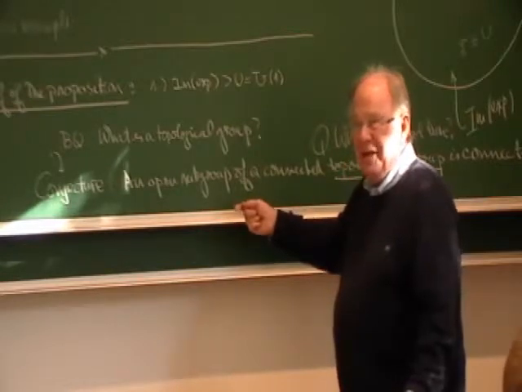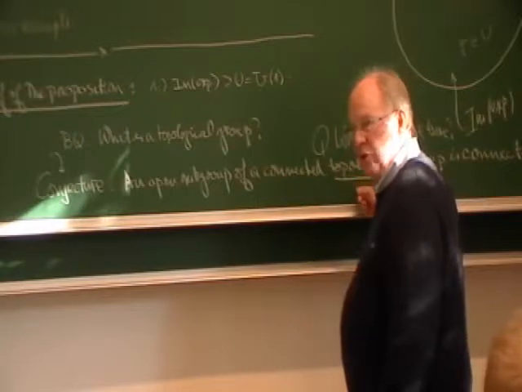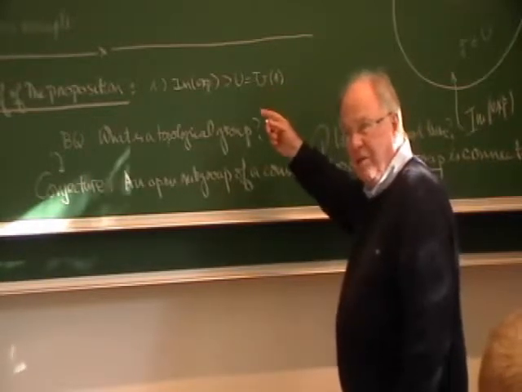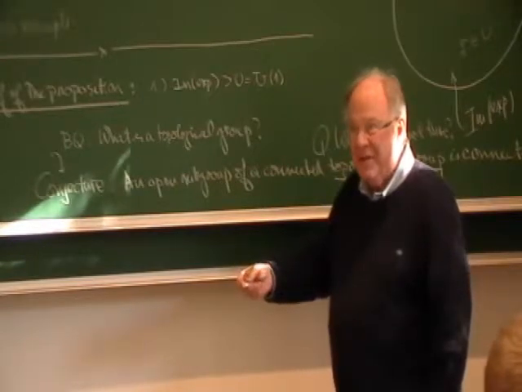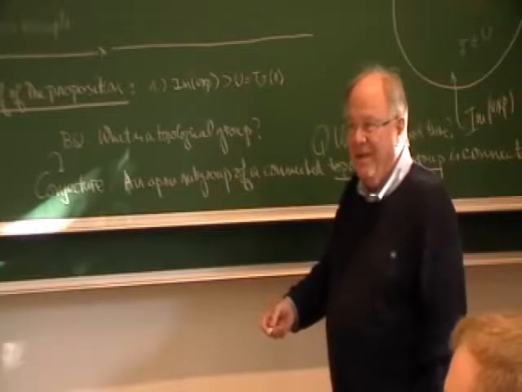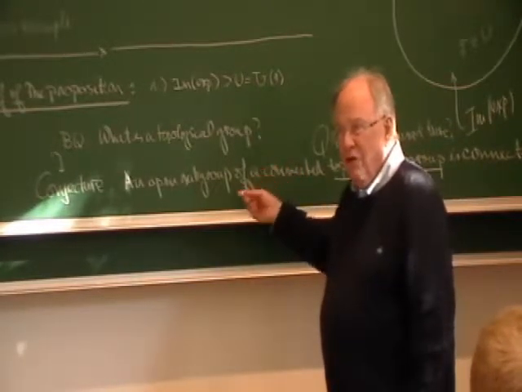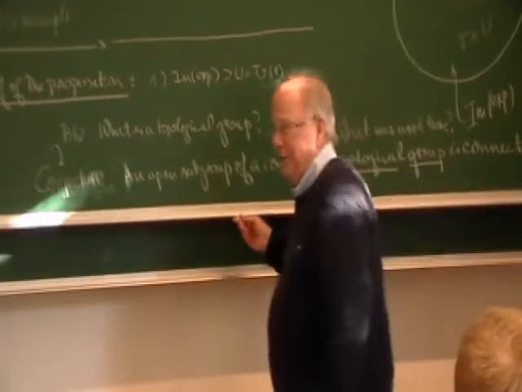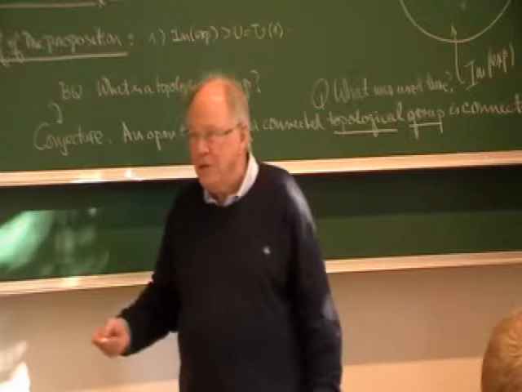I don't know what you're saying. You have a connected topological group, just like C star. You have an open subgroup of it, just like the image of X. I mean, if it will be closed, then it should be the whole set. You will prove, okay, I'll reformulate: an open subgroup is closed.